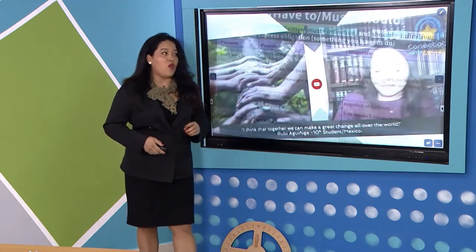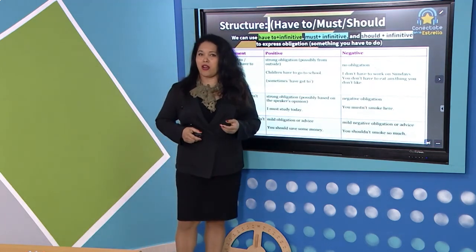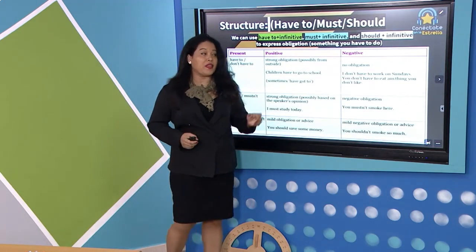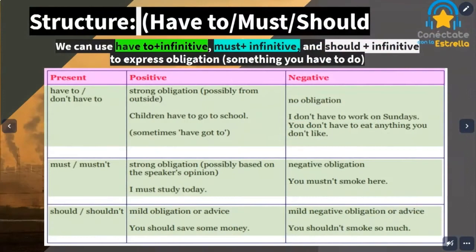So let's review what we have been talking about since some weeks ago. The use of modals to give advice, to express obligation, or something that we have to do. When we use modals, we have to use, for example, the modal have to.